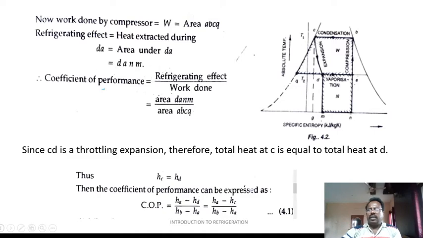In this TS diagram, we can notice there is a drainage fraction while the expansion process takes place.